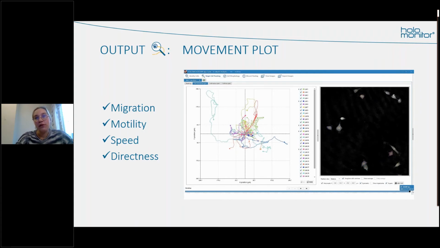In this example, you can see that many of the cells move in a similar way, but there are some cells that move quite differently from all the others, giving you information about cell heterogeneity and subpopulations. I'm now going to show you a couple of examples on how our users have used the movement plots in their work.